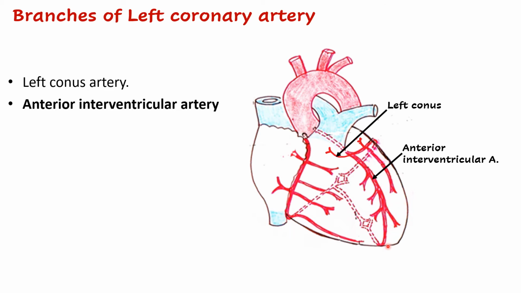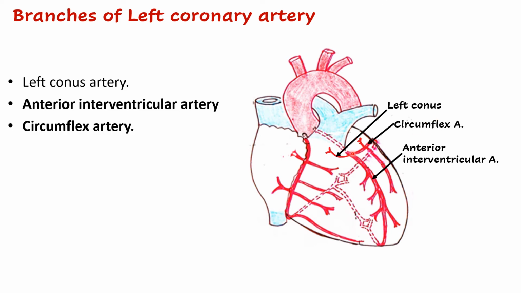After that, it is going to wind around the inferior border and run for a short distance in the posterior interventricular sulcus and anastomose with the posterior interventricular branch of the right coronary artery. This artery is very important clinically, and this is also known as the anterior descending artery. Most commonly blocked artery is this one, the anterior descending artery or anterior interventricular artery.